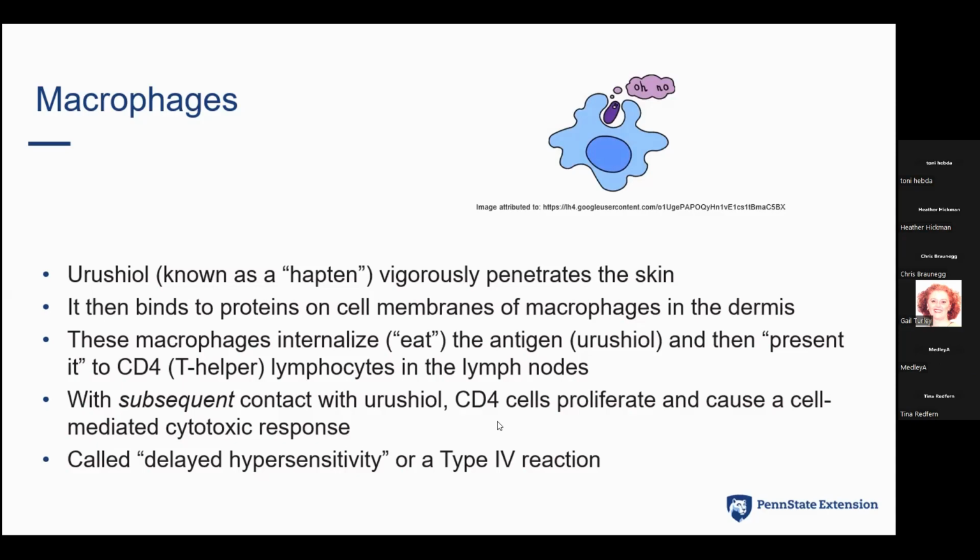Then, subsequently, when a person comes in contact with the urushiol oil, these CD4 cells proliferate and they result in a cell-mediated cytotoxic response. And that is the blisters and the rash and the itching.